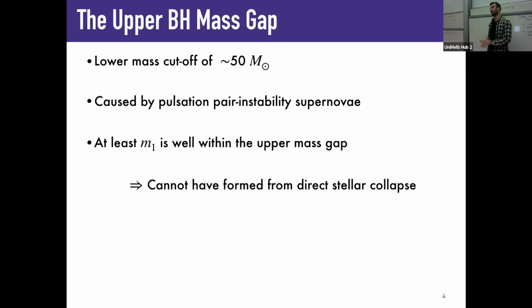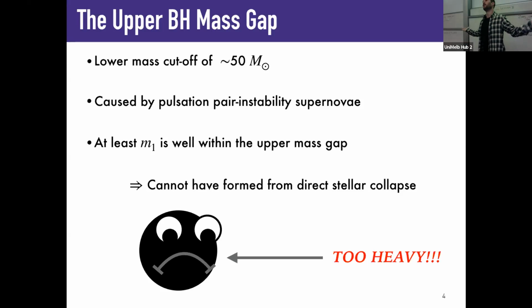It's due to the pair instability supernova that leads to a theoretical cutoff of around 50 solar masses. This basically means that at least the primary, m1, is well within this mass gap. So we don't really think that it is formed through direct stellar collapse. Essentially, it's too heavy.